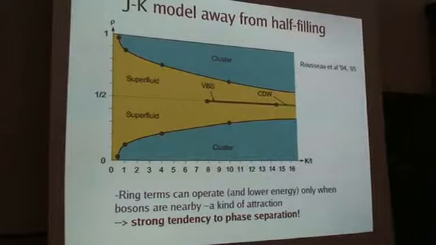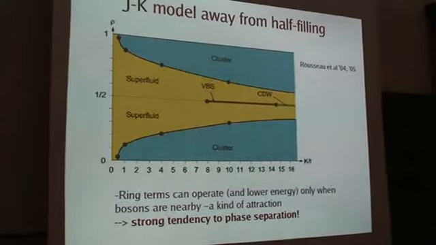Again there is a simple intuitive understanding: the ring terms that I wrote down can operate only if bosons are next to each other, and they can be viewed as some kind of attraction between bosons. If you go to dilute boson density, when you have some attraction, it's very natural for bosons to clump together and phase separate.